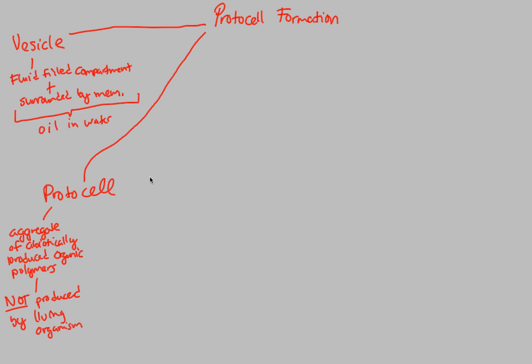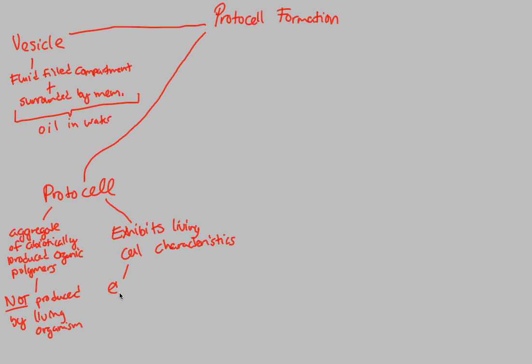Now, a protocell, interestingly enough, is the first point at which we start to exhibit life's characteristics. So it exhibits living cell characteristics. What do I mean by this? Certain characteristics of protocells show that it is life, that it is the starting point and the true origin of life.